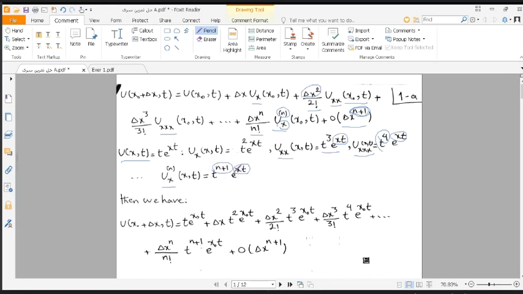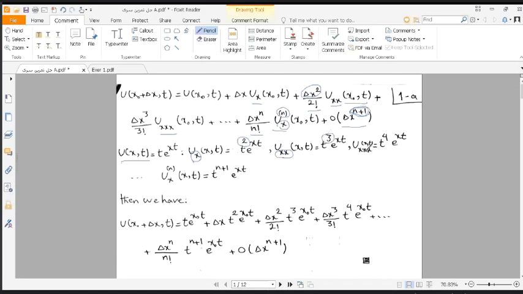Why? If we pay attention to the structure of the derivative, we can see that when we have the first derivative, the power of t is 2. When we have the second derivative, the power of t is 3. The power of t is 1 more than the order of the derivative of u.